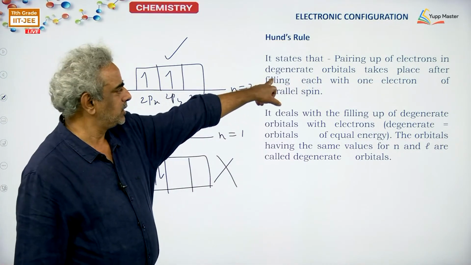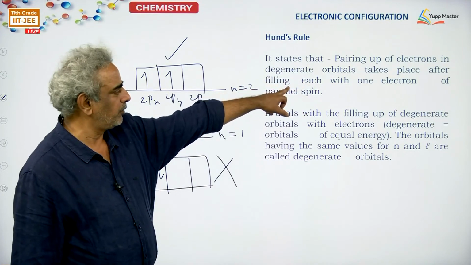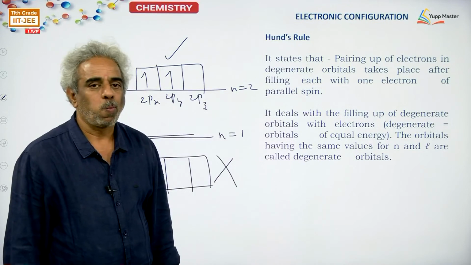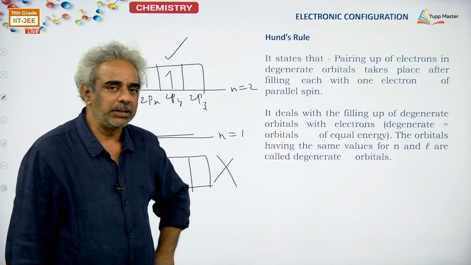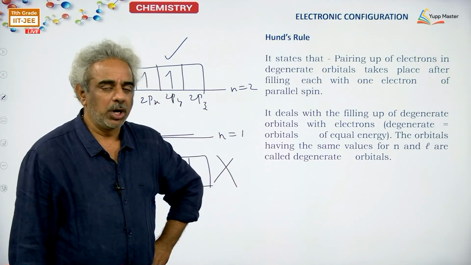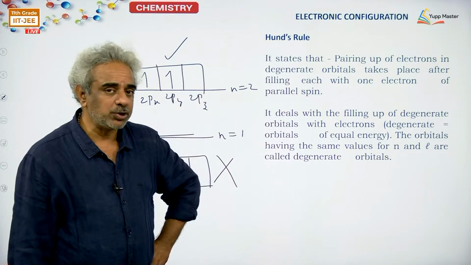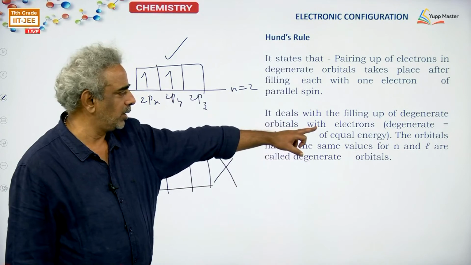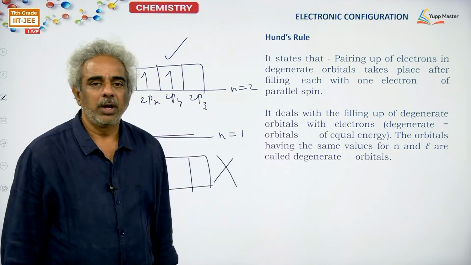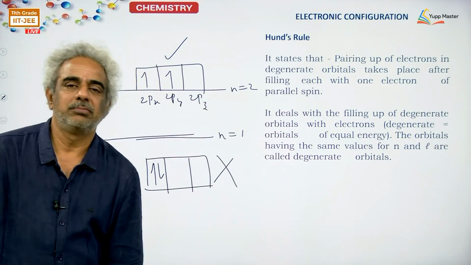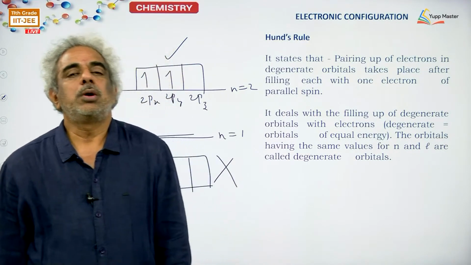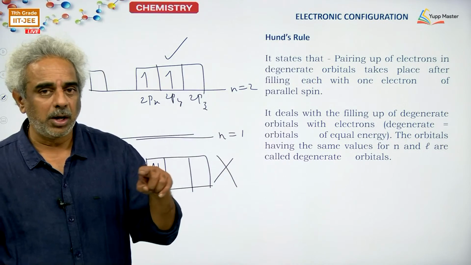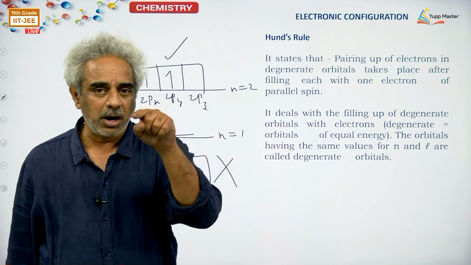Pairing up of electrons in degenerate orbitals takes place after filling each with 1 electron with parallel spin. Don't even change the spin in the equal energy orbitals. That violates Hund's rule. It deals with filling up of degenerate orbitals with electrons of equal energy. So don't pair up electrons in a set of degenerate orbitals until all the degenerate orbitals are half filled.